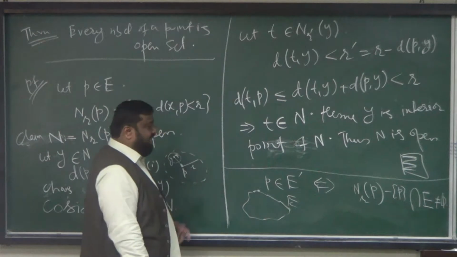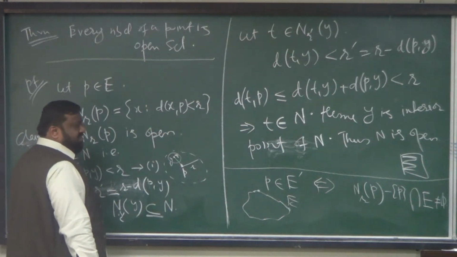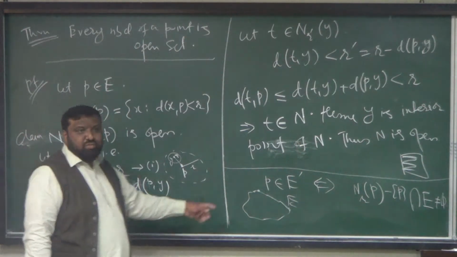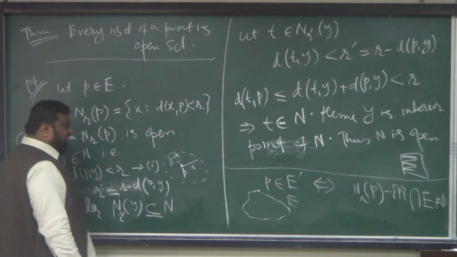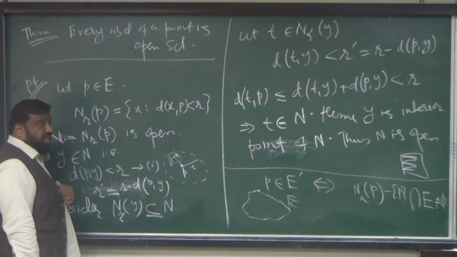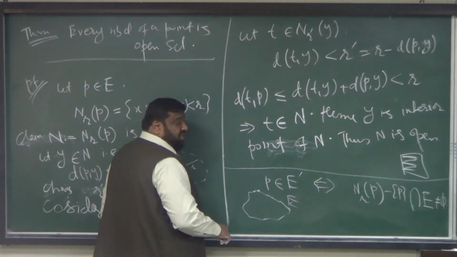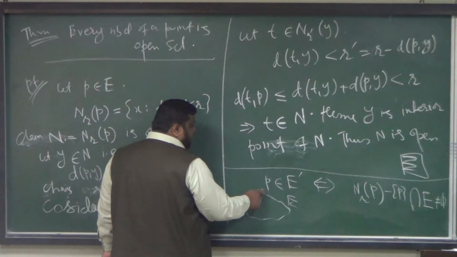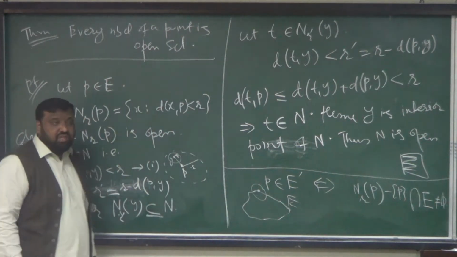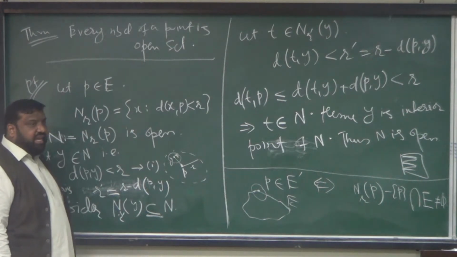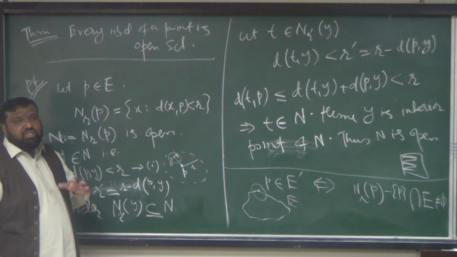Either interior or boundary, or you can have several other characterizations. So imagine I've drawn an arbitrary neighborhood of this point, and it intersects with, say, finitely many points of this set.